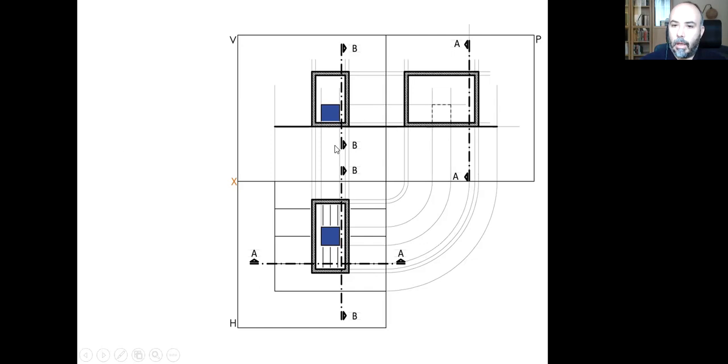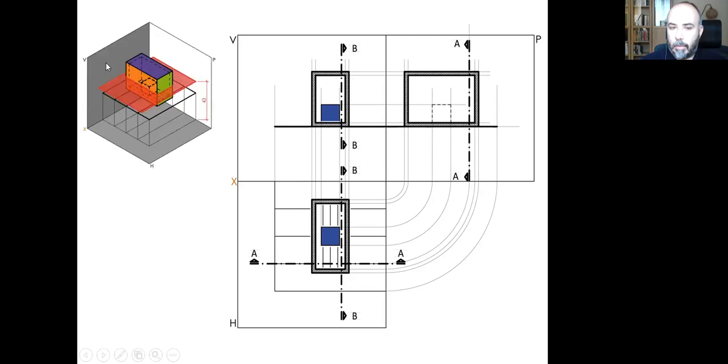And as you can remember, I started with a plan, and it was again a section, a horizontal section. So I can do this as well. I can put this line here, and I look down, so I can put the little triangles positioned like this, indicating the view angle here.